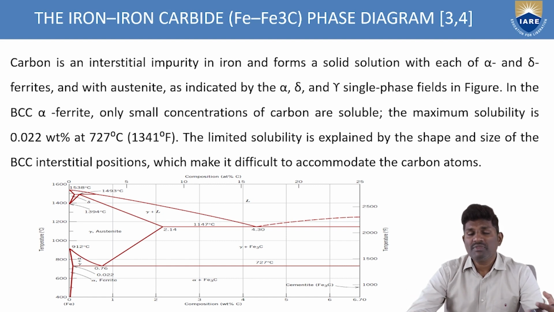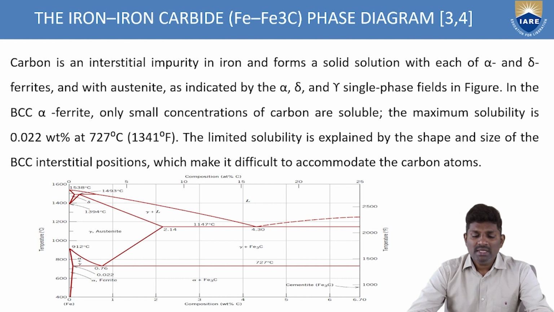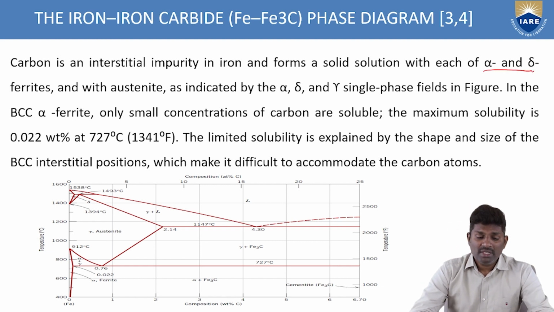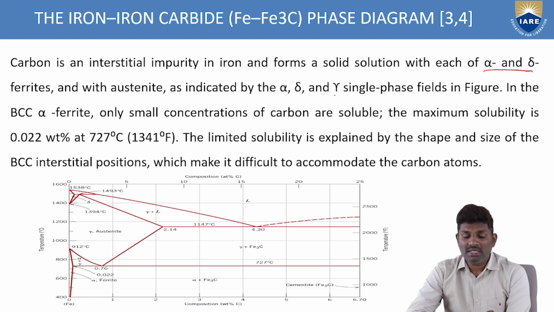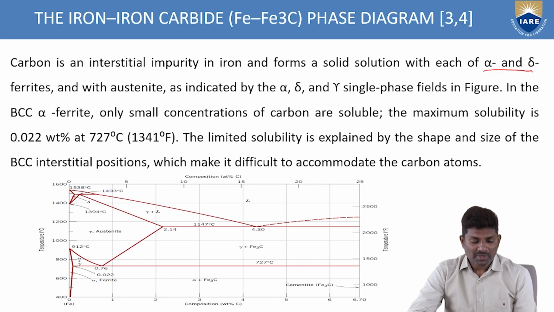So the impurity in the iron tries to form a solid solution with each of alpha and delta ferrite and with austenite, indicated as alpha, delta, gamma, as single phases in the field. If you observe clearly in the phase diagram, you have the alpha, delta and gamma. So these are the three single phases.